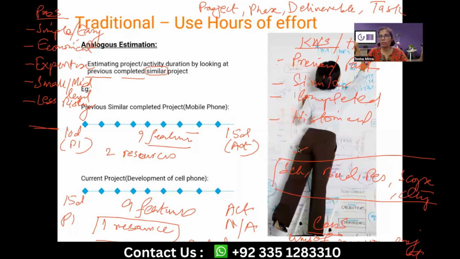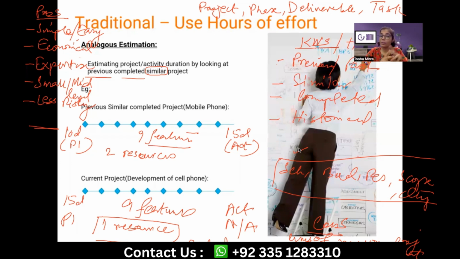If you talk about a whole 1 year project, 2 year project, 10 years project, most likely analogous estimation is not suitable, because something is going to be different than the previous project. But if you talk about a deliverable which is 10 days long, 15 days long, or maybe shorter than that, and you want to apply analogous estimation for planning, that may work really well if the constraints are the same or similar.